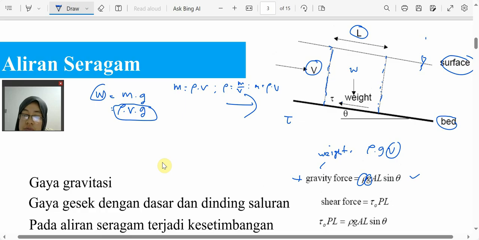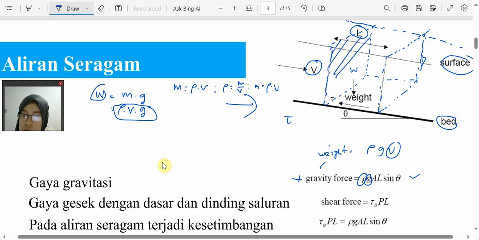If I make this schematic three-dimensional, for example, there is water flowing here over a certain length.